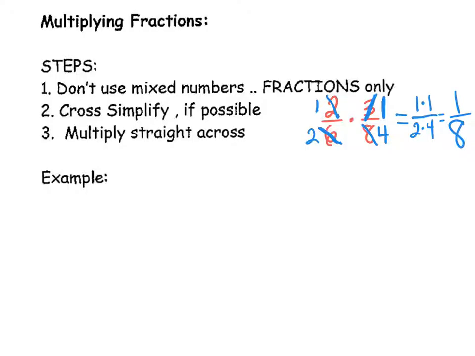You just multiply straight across and then you reduce it at the end. So step 3, multiply straight across, and we got our answer. Okay, did you write this down as an example, or just leave it where you got it? An example right here. Okay, that's good.